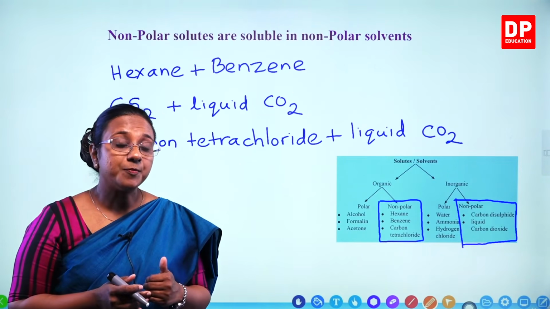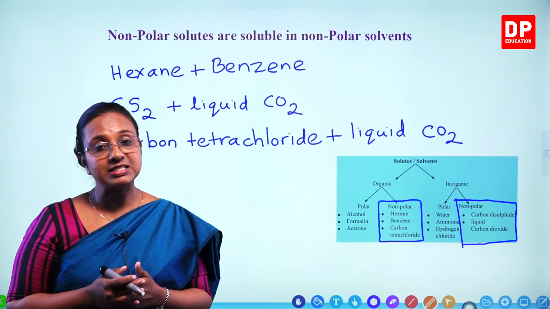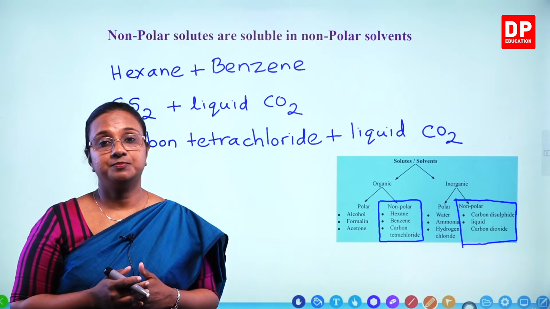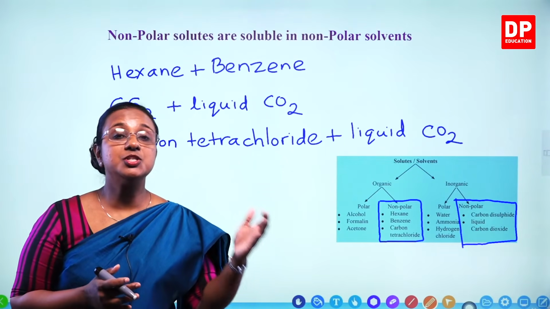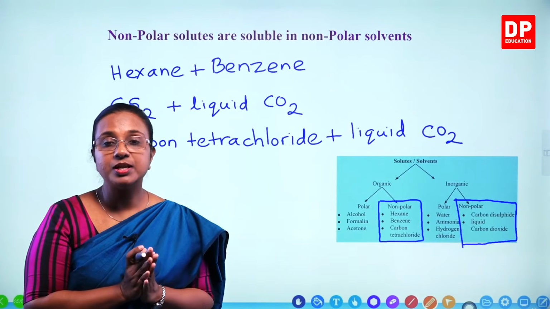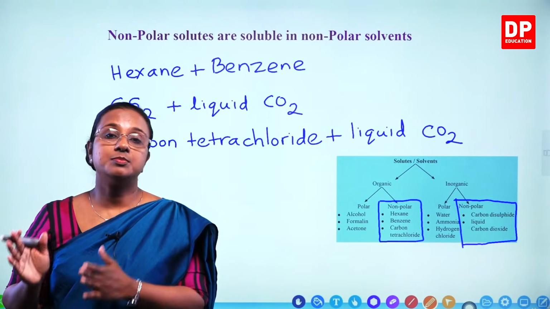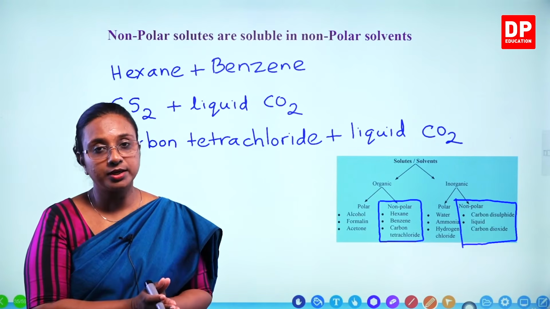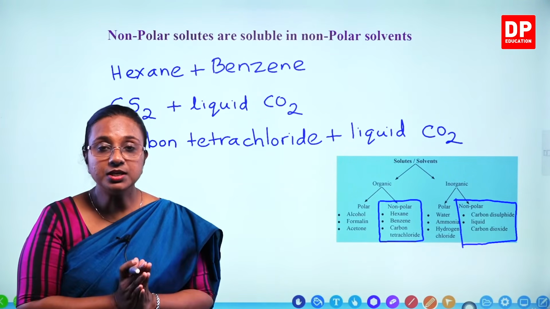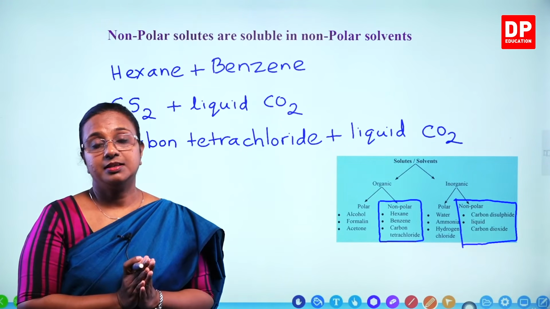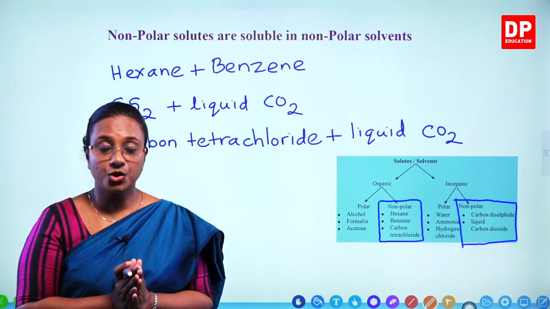The same way, previously in an activity we saw sugar and kerosene. Sugar dissolves in water. Why? Water is a polar substance. Sugar is a polar substance. So sugar dissolves well in water. But kerosene is a non-polar solvent.